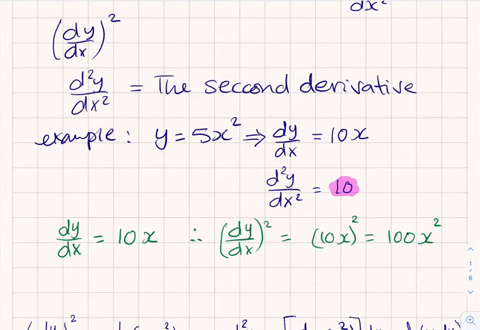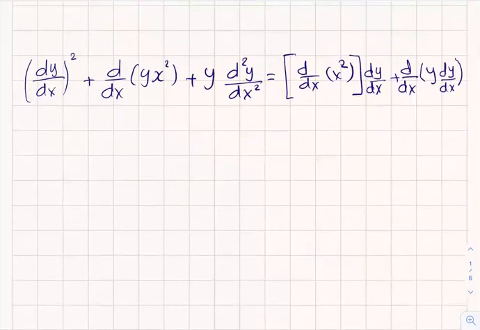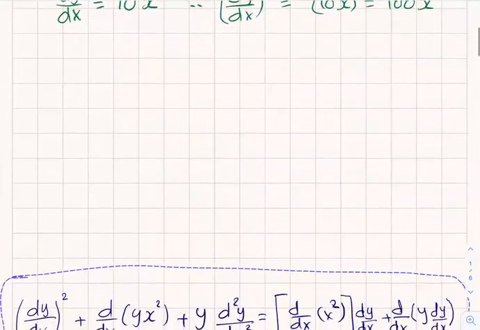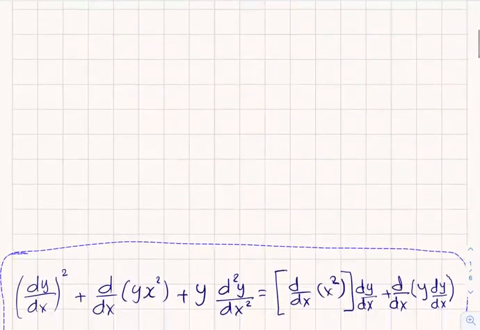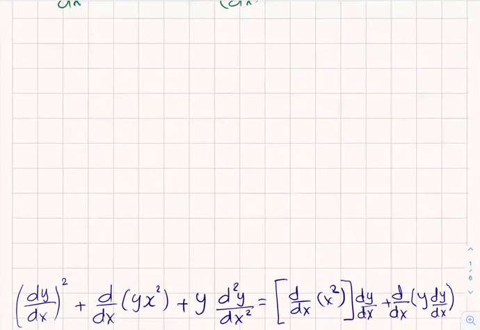Another thing to mention, I'll show you now. If we say d over dx of something, that means we need to differentiate the thing in the brackets.